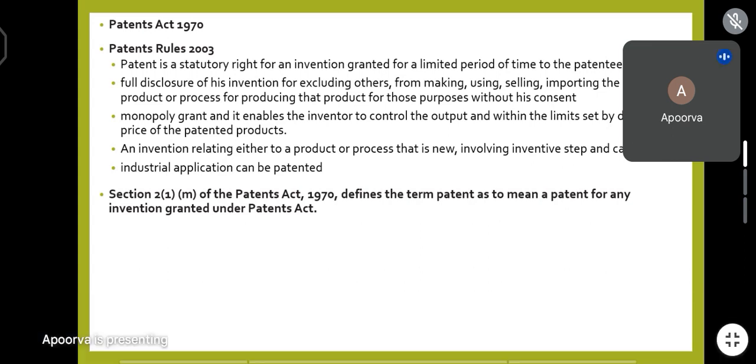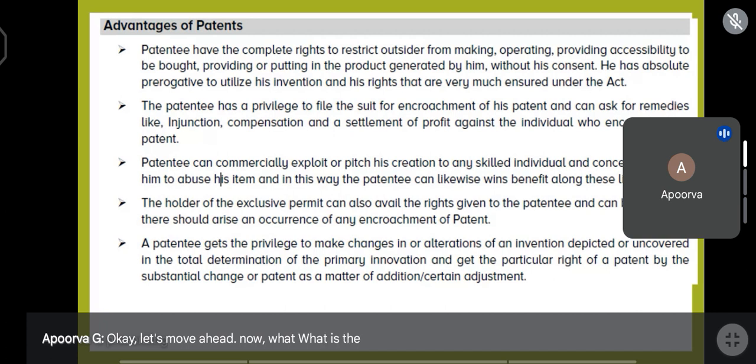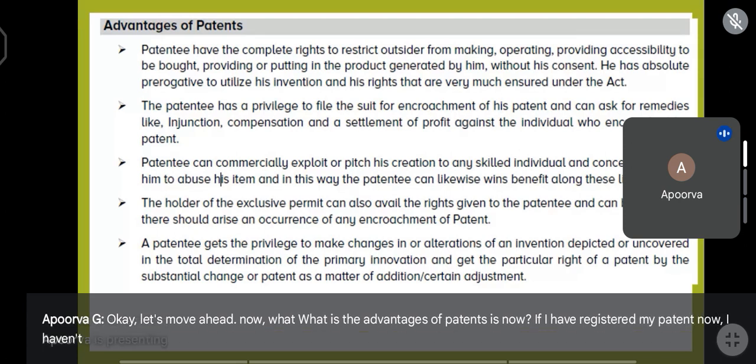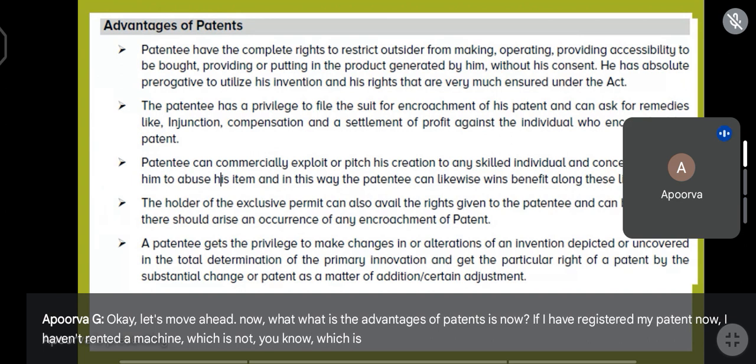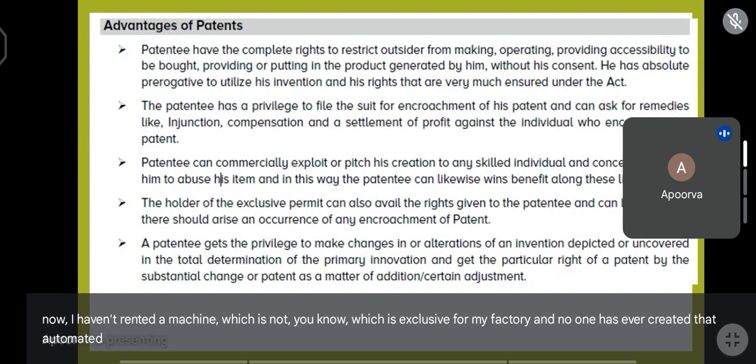Now, what are the advantages of patents? If I have registered my patent, now I have invented a machine which is exclusive for my factory, and no one has ever created that automated machine. I have created that. Now what are the advantages that I have?